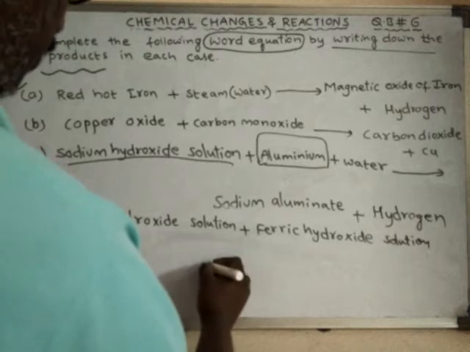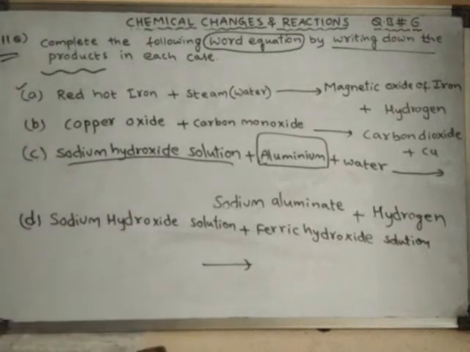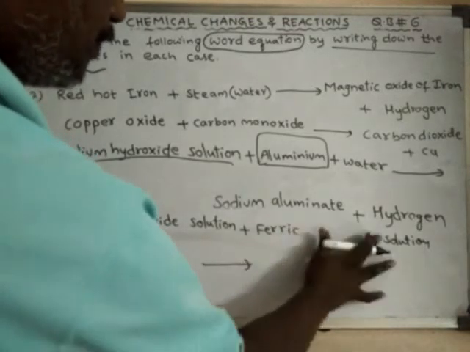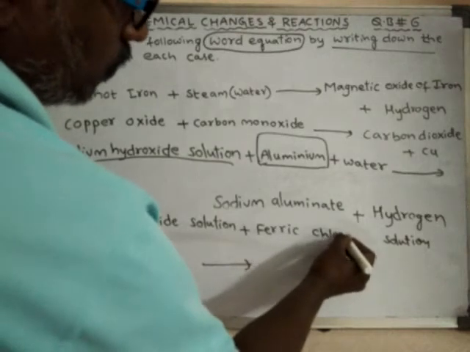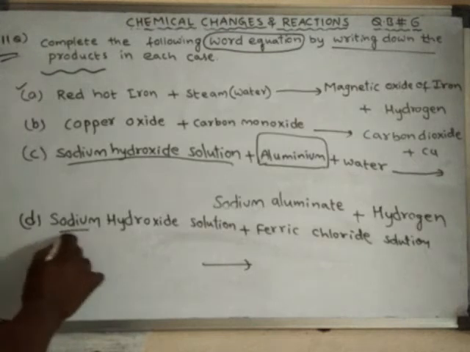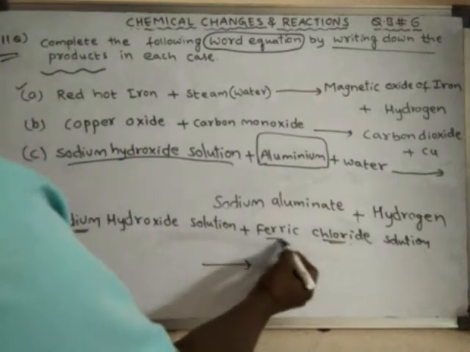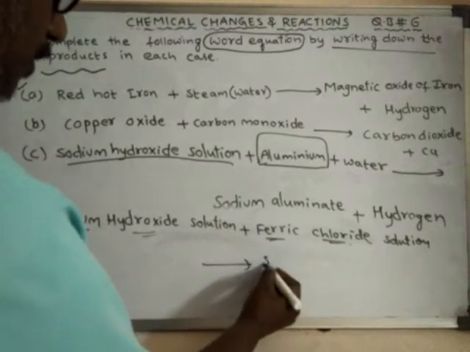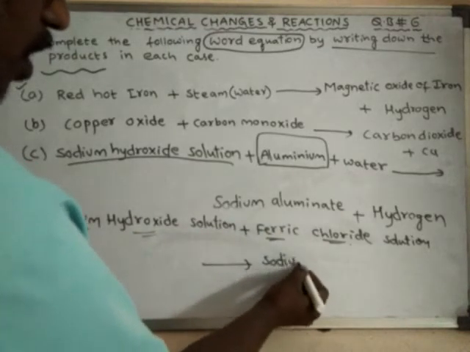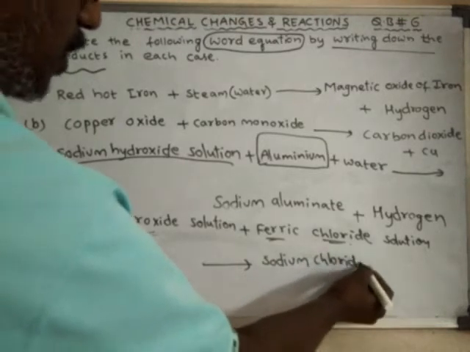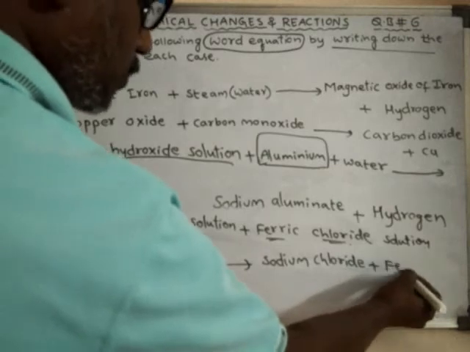When these two solutions are mixed, it forms sodium chloride and ferric hydroxide. Sorry, it is ferric chloride solution. So now the sodium will take chlorine and iron will take hydroxide. So it forms sodium chloride and ferric hydroxide.